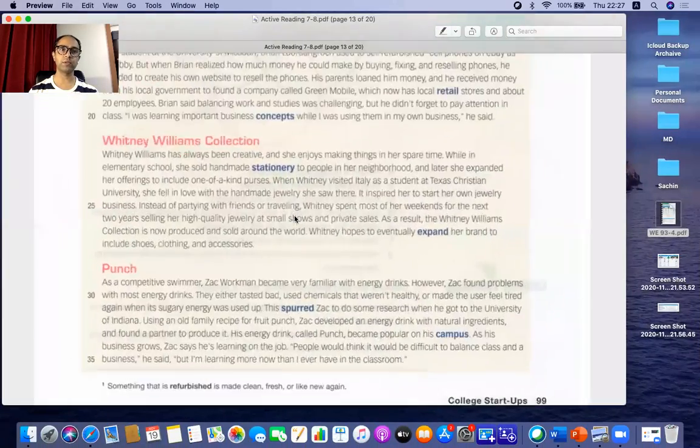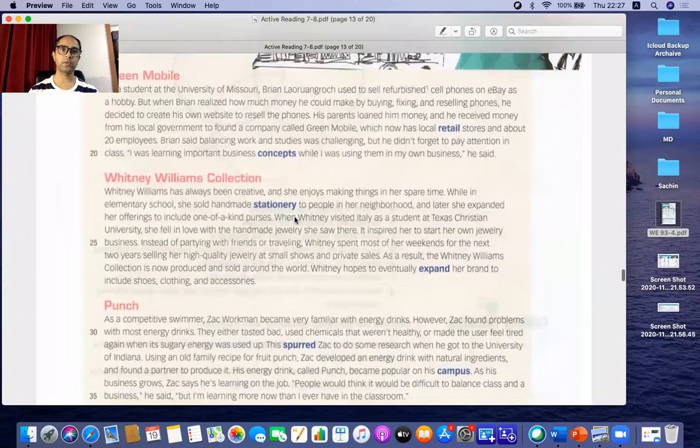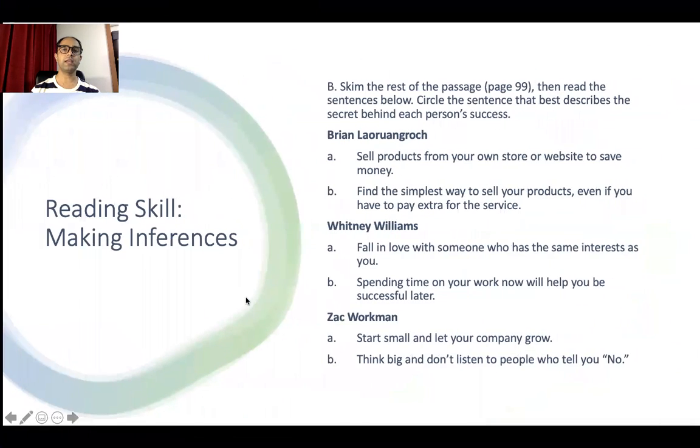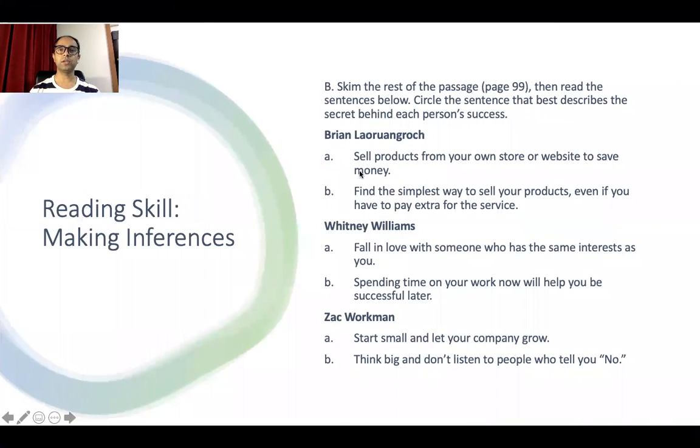Okay, we have 3 people over there: Green Mobile, Whitney Williams Collection, and Punch. 3 paragraphs. Please read them and circle the correct answer for what is the secret behind each person's success. For each, choose A or B. Okay, so stop the video here.